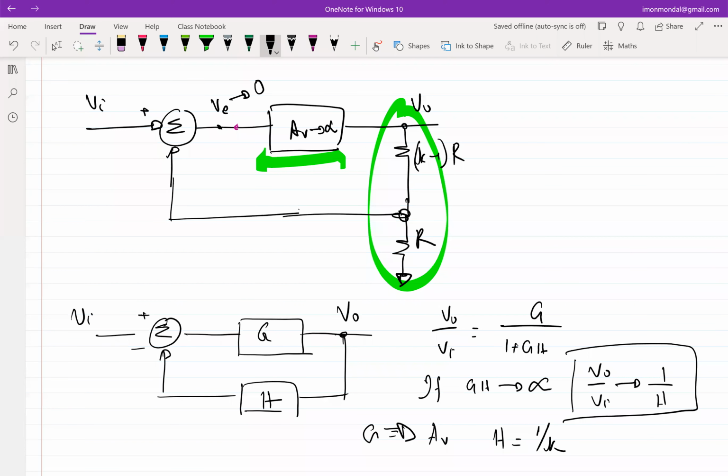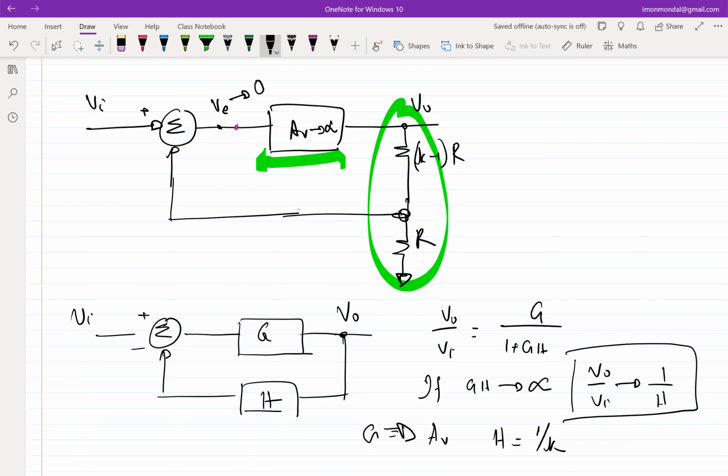Okay. So now the good thing is that we have been successfully able to marry the good things of a gain block and the good things of a ratio block. We are getting H through a ratio, and we are using the gain block to drive an error which we have manufactured somehow.